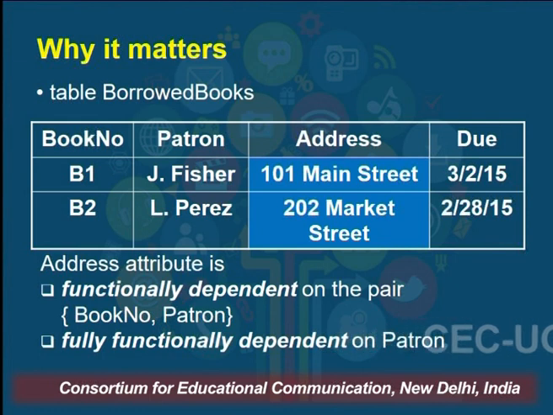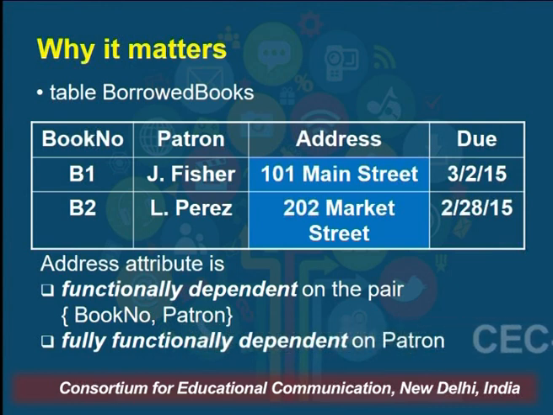Now, let us try to see what is happening here. The address attribute, if you can see, is functionally dependent on book number and patron, obviously, because it's the address of the patron. Now, let us try to find a subset of this pair on which the address attribute is still functionally dependent. It's very trivial: let us remove book number and stick with patron.